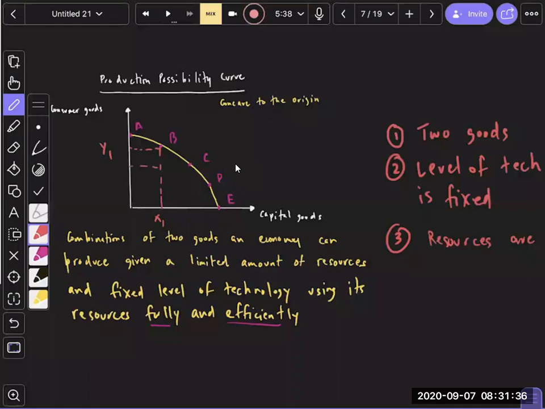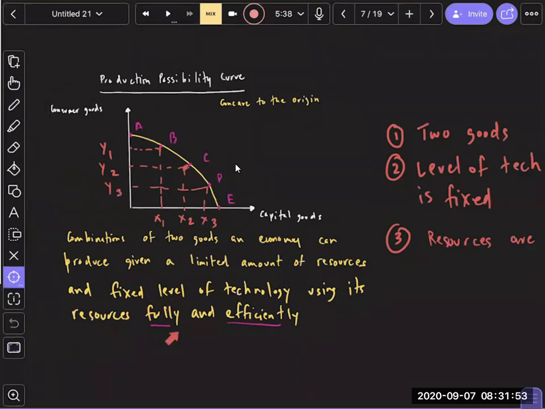For X2, the maximum that I can make of Y will be Y2. And similarly, for every X3, the maximum I can make would be Y3, given I'm using my resources fully and efficiently. So the maximum that I can make is this.